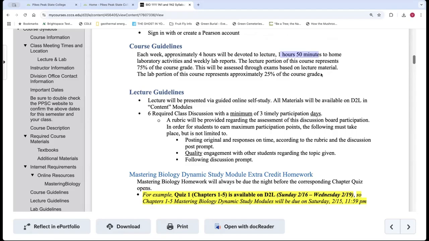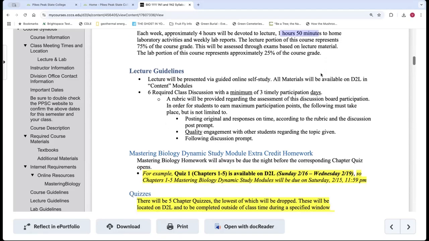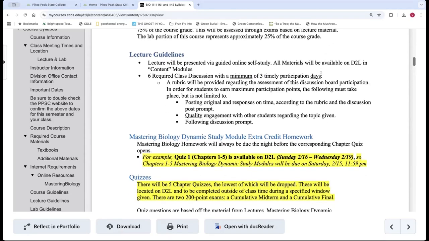Keep that in mind as you move forward. Because this is a science majors course, there is a high expectation, because you are the future of our scientists.